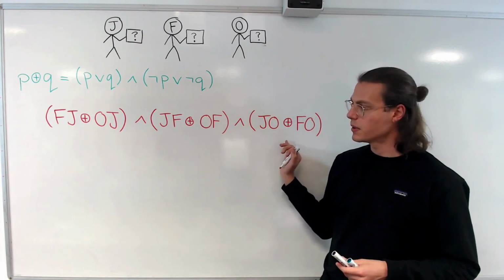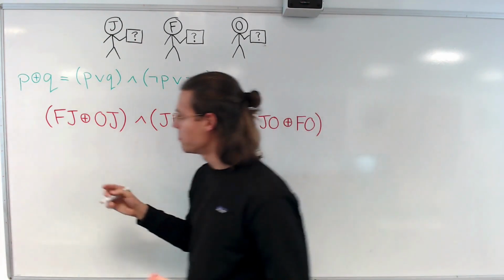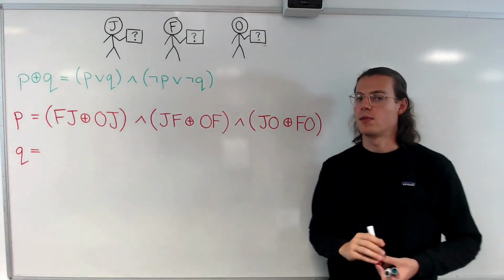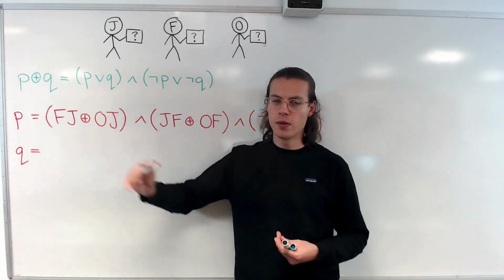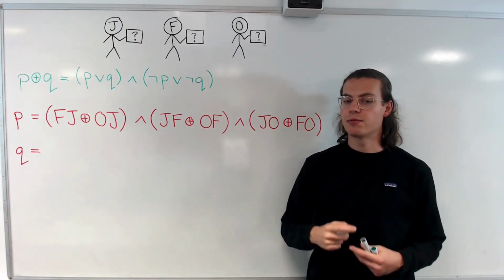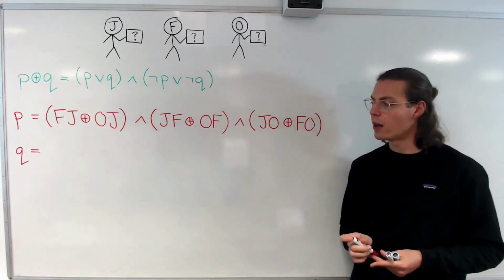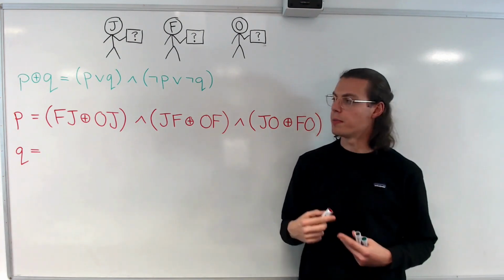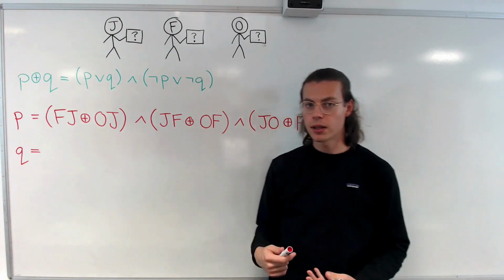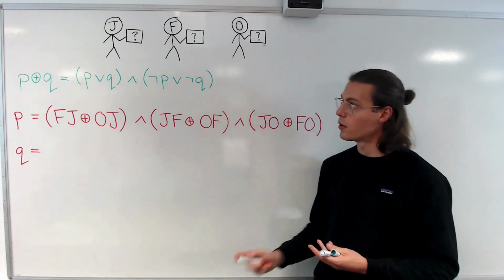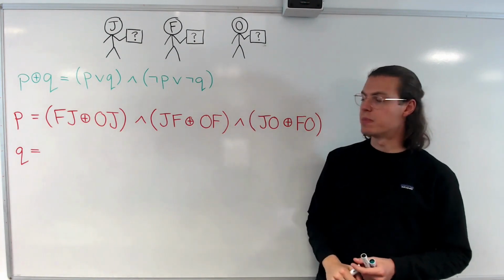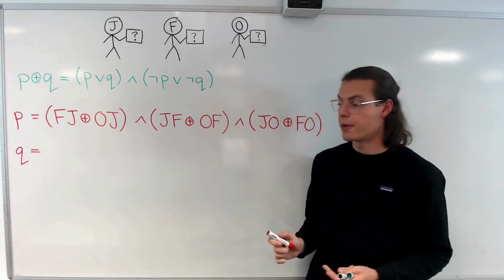Now let's call this formula P. And for a second formula Q, we want to express that each name is written on a piece of paper held by exactly one boy. So for instance, the name Joel is written either on Felix's piece of paper or Oscar's piece of paper, but not both.